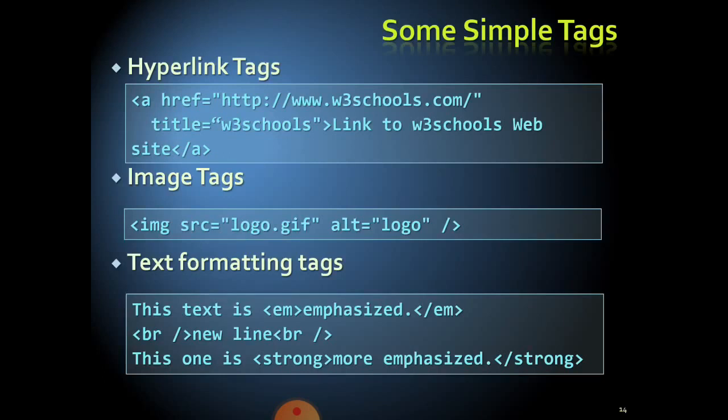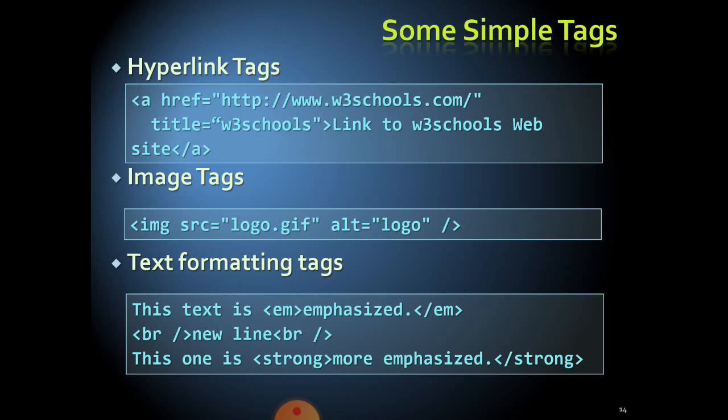One is the hyperlink tags, another one is the image tags, and we also have text formatting tags. With hyperlink tags, we can give a hyperlink. If you want to link to another page, we use the href tag. I want to link to http www.w3schools.com.